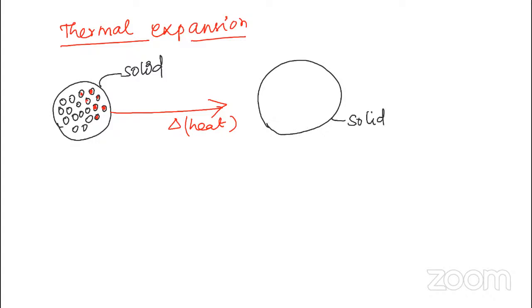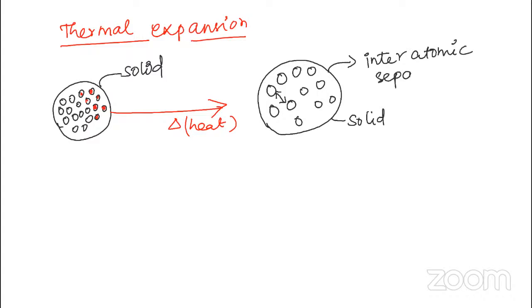Inside that we have n number of atoms and molecules. If it is heated, the distance between the nearest neighbors should increase. That is, interatomic separation increases.